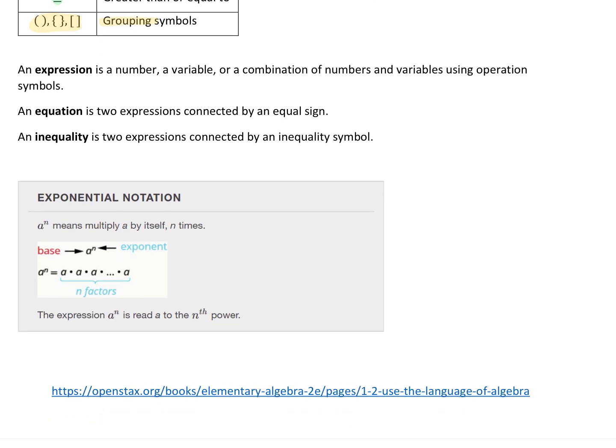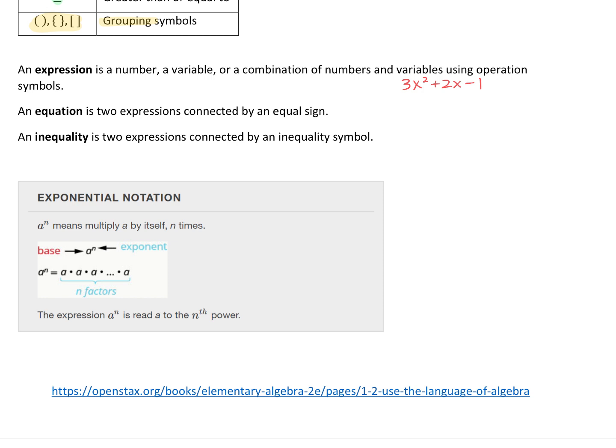Okay, so a few more terminology terms here. We have an expression. That's a number, a variable, or a combination of numbers and variables using operation symbols. Let me give you an example. This might be like 3x squared plus 2x minus 1. That's an expression.